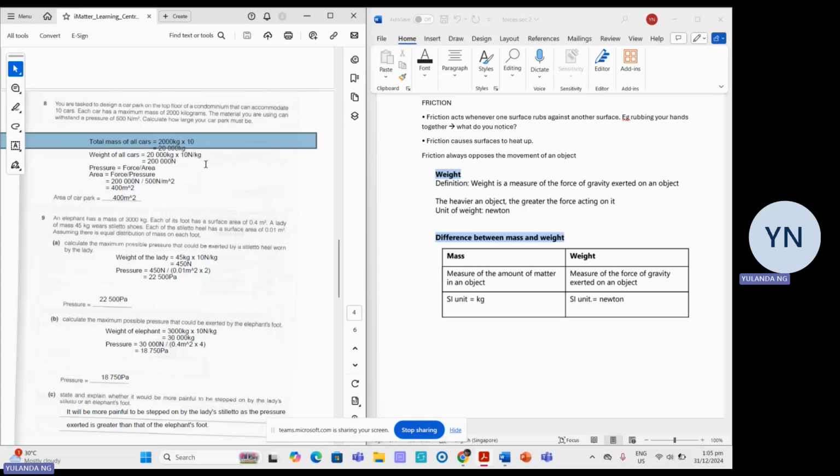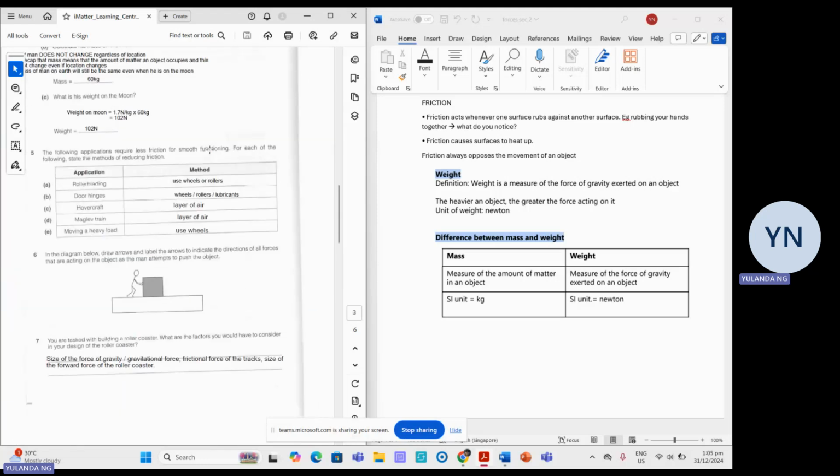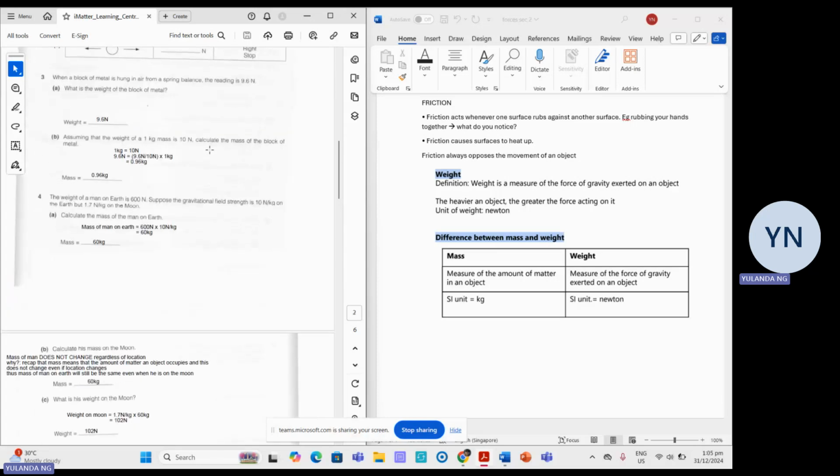So first thing first, you need to find the total mass of all the cars, because I need to accommodate 10 cars, correct? But your 2000 kg is only for one car. So I need to multiply by 10, and when I do the calculation, you should get 20,000 kg. Now the weight of all the cars. This question is a bit tricky because you will need to memorize your gravitational field strength on Earth and on the moon.